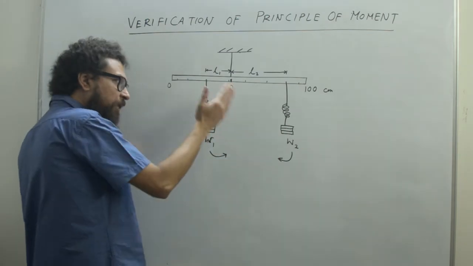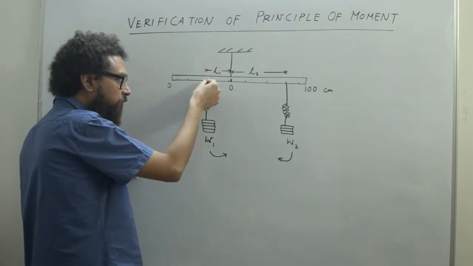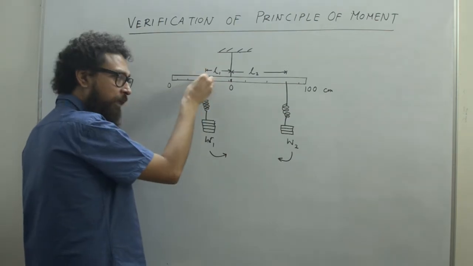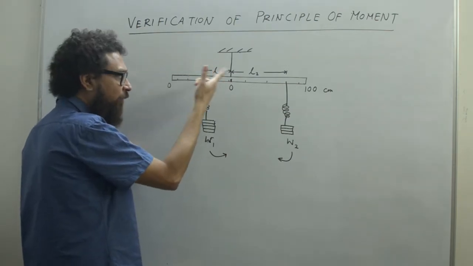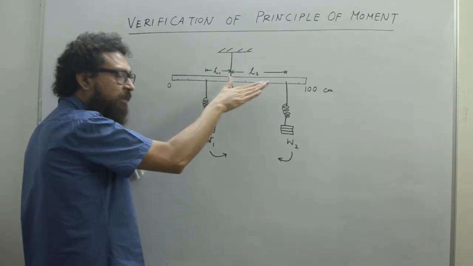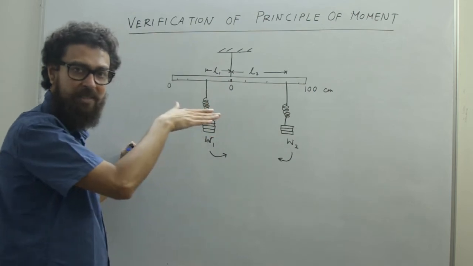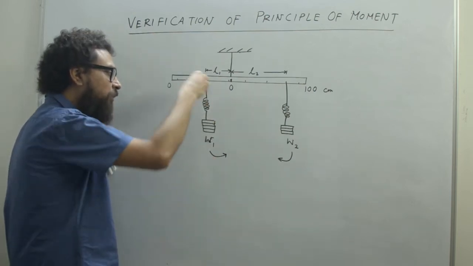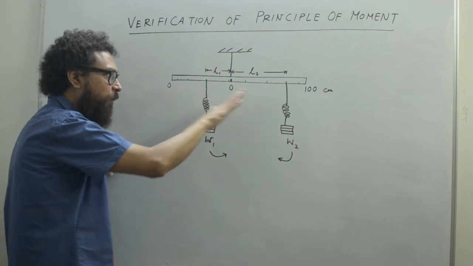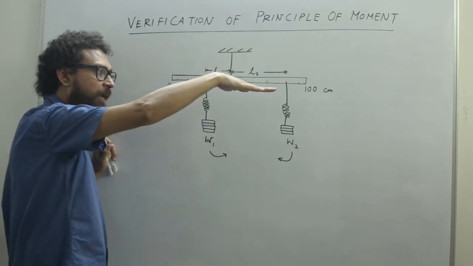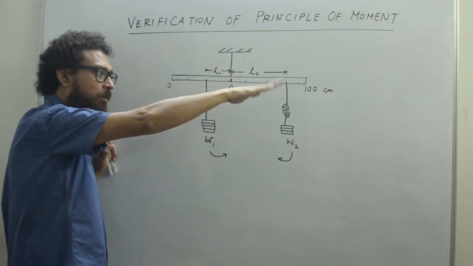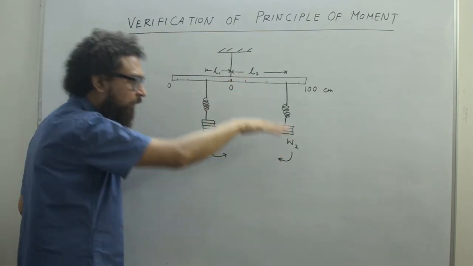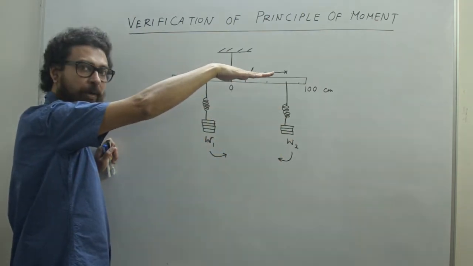In order to balance it, I will apply some other known weight W1 here at a distance, say L1, and try to balance the wooden scale. Balance means it will be horizontal again. It shouldn't tilt down this way or that way. It should be horizontal.